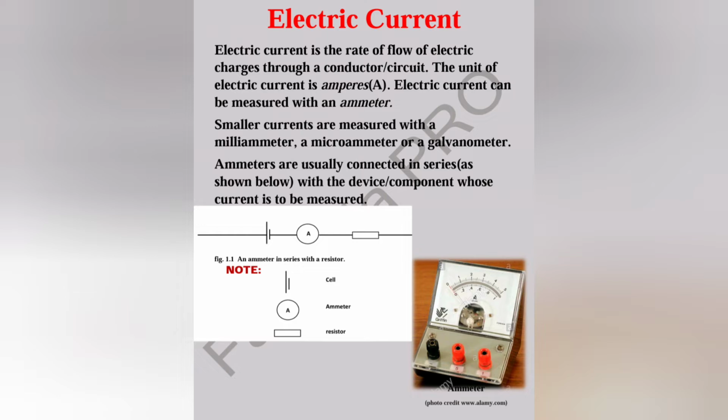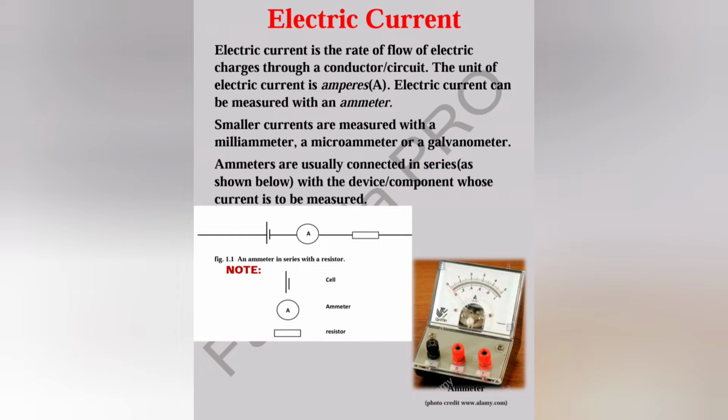When the current you want to measure is very small, let's say less than 1 ampere, then you can use a milliammeter, a microammeter, or a galvanometer. If you want to measure the current flowing through a device or a component, let's say a resistor, you connect the ammeter in series with the device.